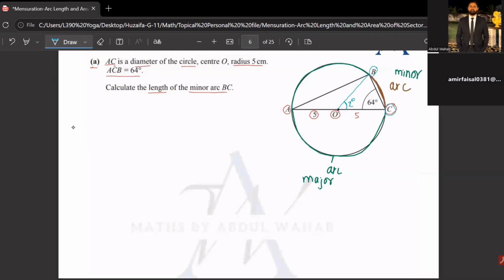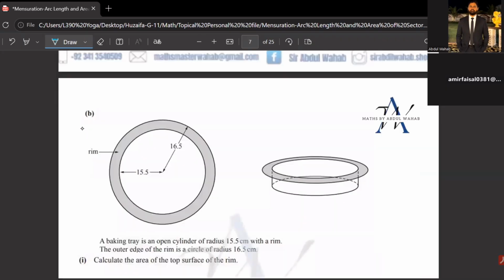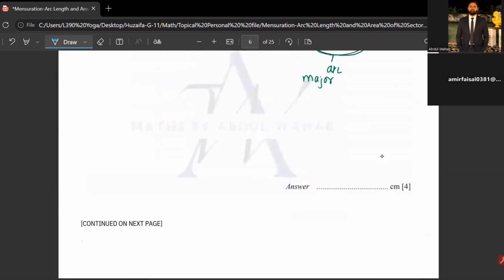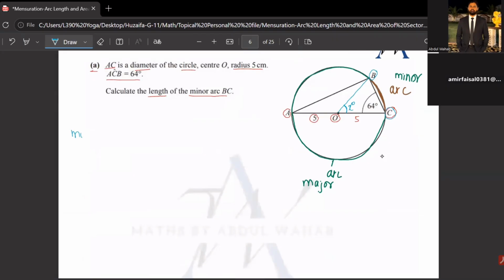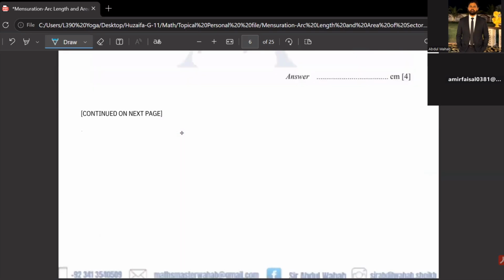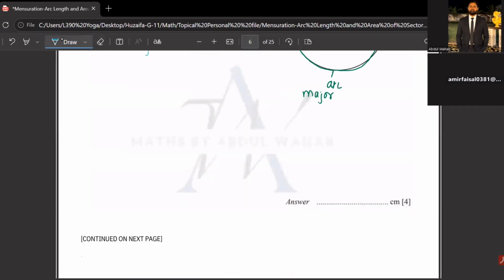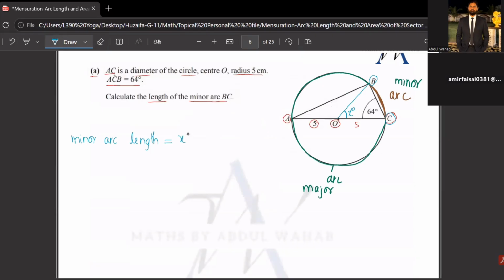If we know the formula for the arc length, whether the arc is minor or major, we have the same formula, which is x degree over 360 degree multiplied by 2 pi r.